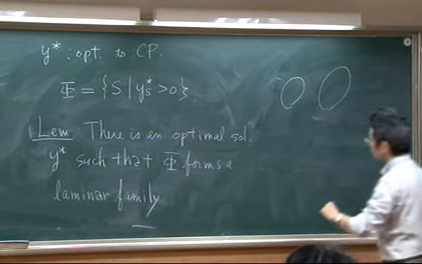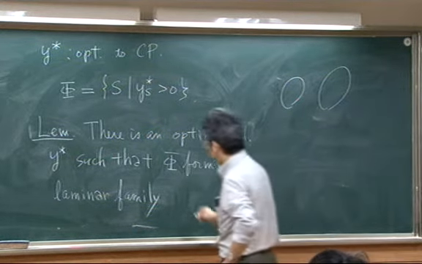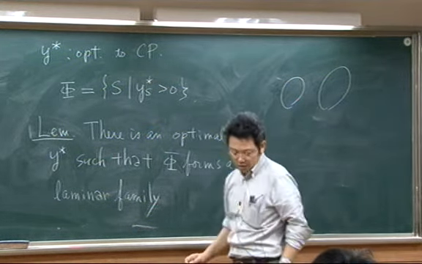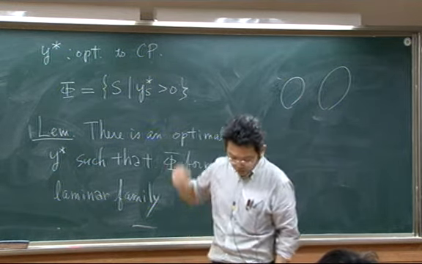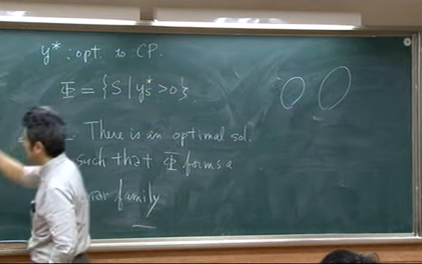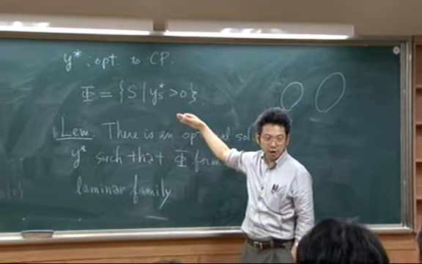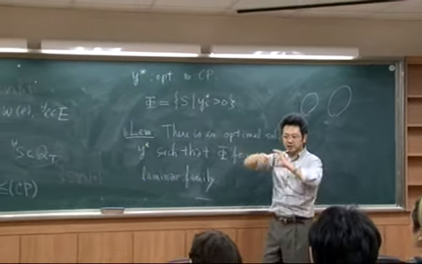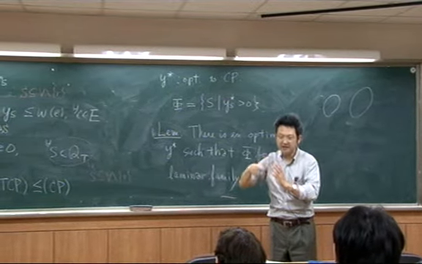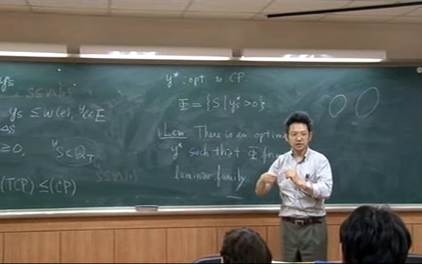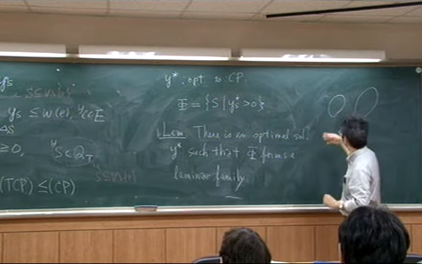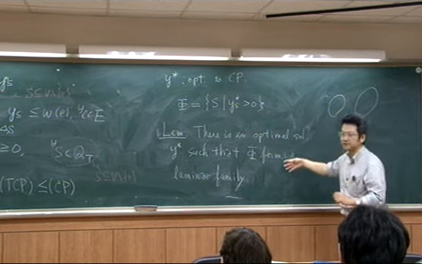Now, if we solve this problem and obtain an optimal solution which doesn't have this property, we can simply change the solution so that the obtained result satisfies this property.